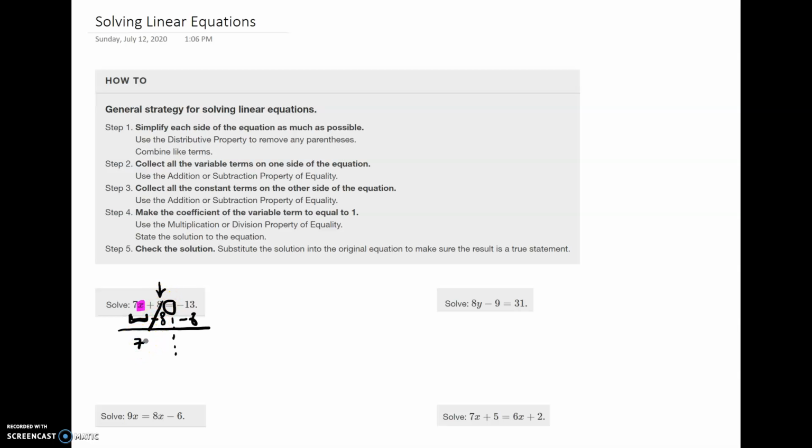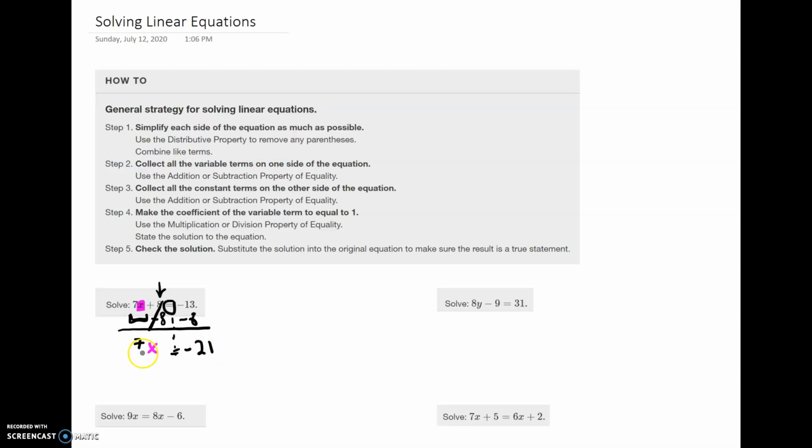So then I'm left with 7x is equal to, and then we're doing negative 13 minus 8. What that means is we have two numbers that are negative, so 13 really plus 8, and we're making sure the answer is negative, so negative 21.